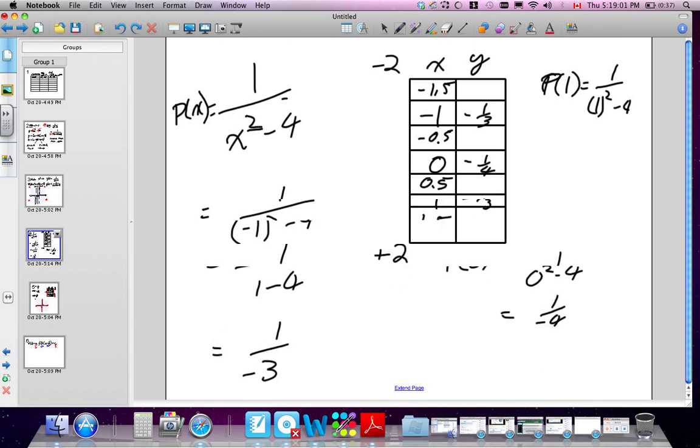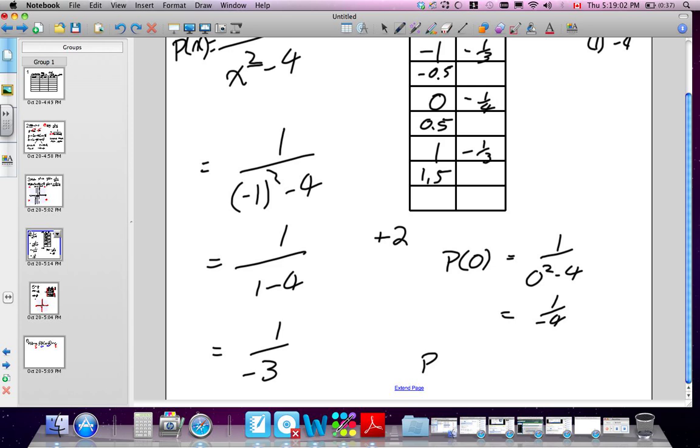Let's try our outer limits, okay? So -1.5. Is there a faster way of figuring this out?